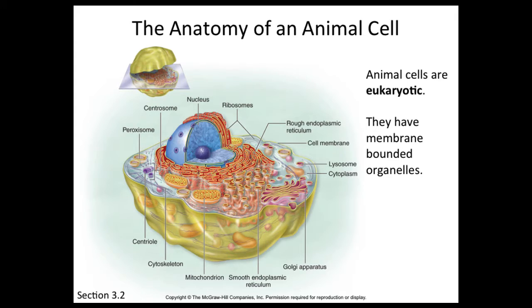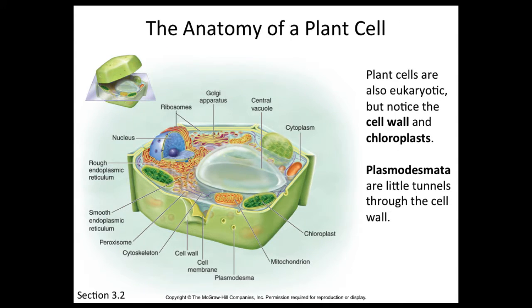Now we can start discussing the eukaryotic cells. Remember that animals are eukaryotic organisms because they have eukaryotic cells. They have membrane-bounded organelles, and you can see on the screen there's a huge diversity of organelles, which we're going to address one by one in the upcoming slides. Plants are also eukaryotic, but notice the cell wall and the chloroplasts.